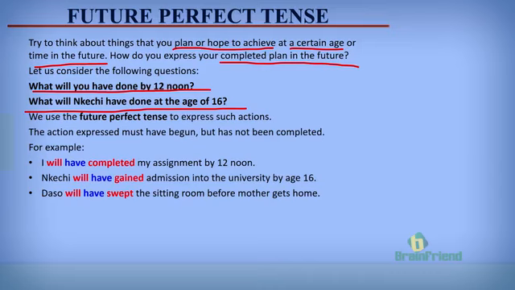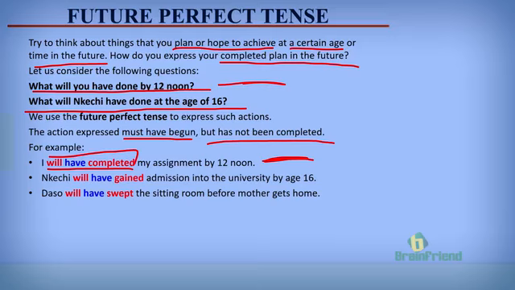So, now the future perfect tense is used to express an action that must have begun but has not been completed. For example, I will have completed my assignment by 12 noon. Now notice that this is the reply for this question: What will you have done by 12 noon? I will have completed my assignment by 12 noon.